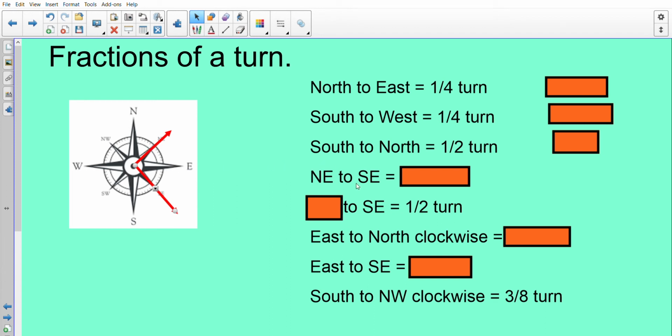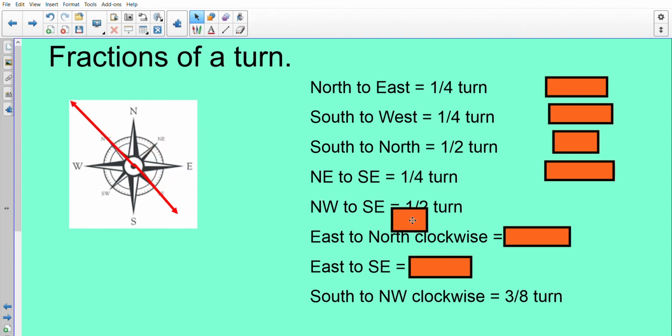It's 90 degrees, isn't it? So it's a 1/4 turn. Something to southeast is a half turn. Well, that's on southeast there, isn't it? So something to southeast. Let's do the half turn. So 1/4 turn, half turn. It's got to be northwest, hasn't it? And then east to north clockwise.